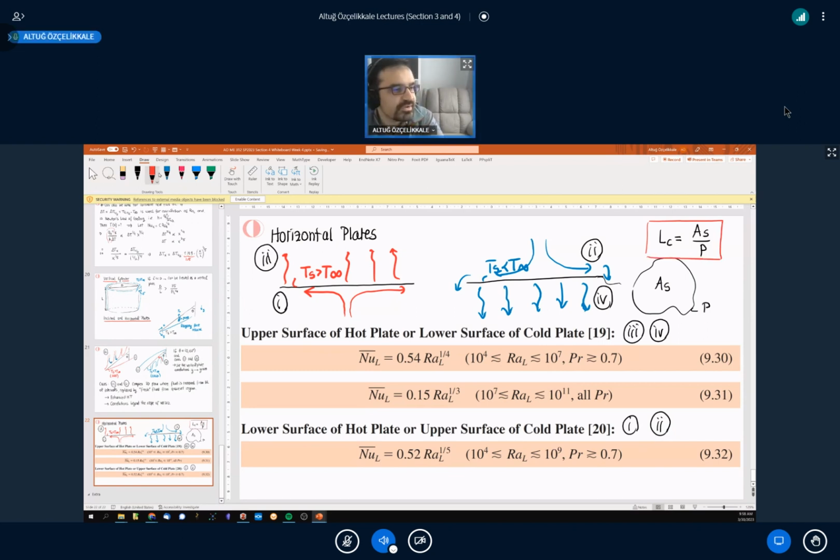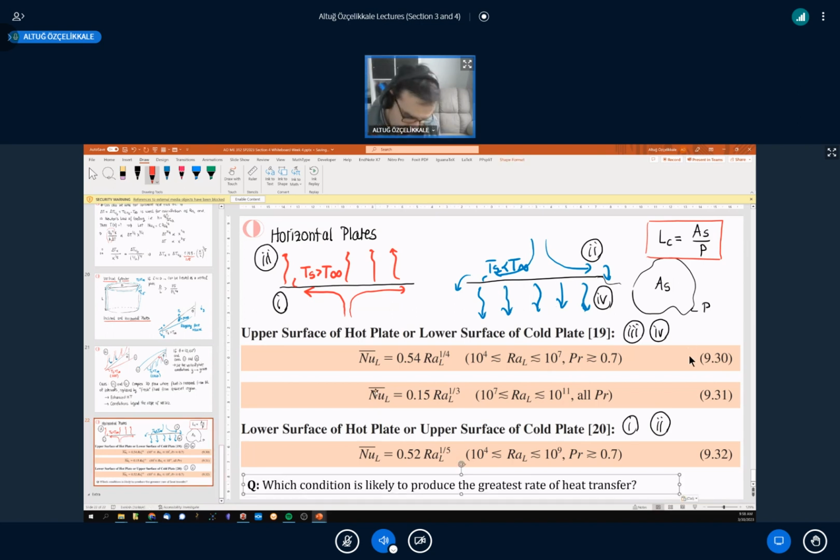Okay, there you go. Any questions? So if no questions, I have a question for you. Please answer as A, B, or C. Which condition is likely to produce the greatest rate of heat transfer?